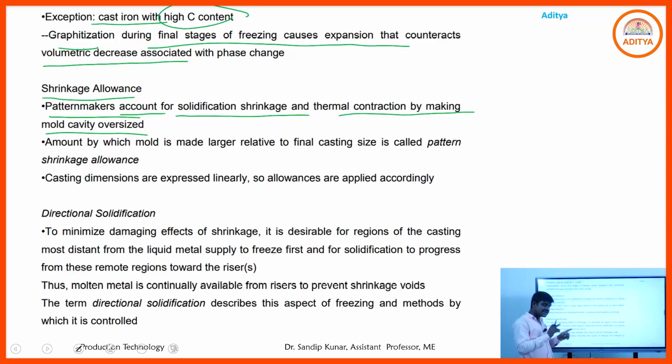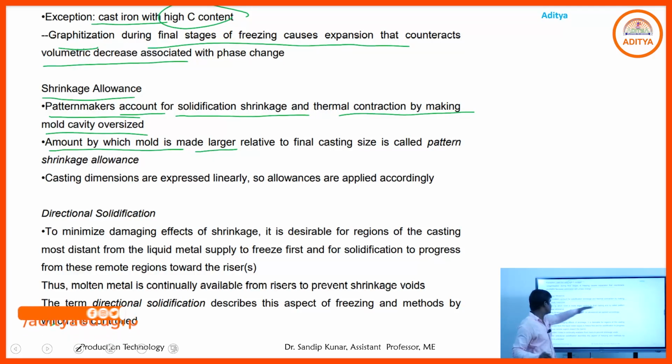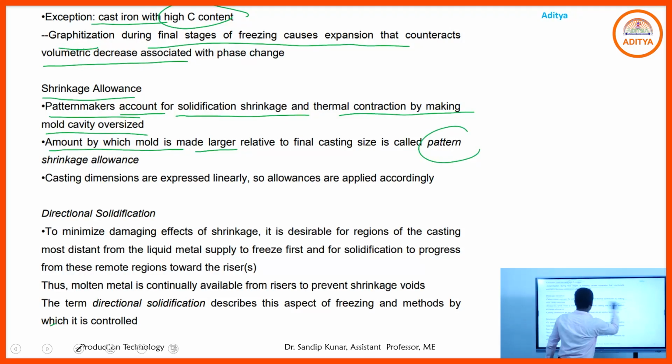Ultimately, after contraction, the final product will be produced in the accurate shape. So pattern makers must create an oversized mold cavity. Another term: the amount by which the mold is made larger relative to the final casting size is called the pattern allowance.